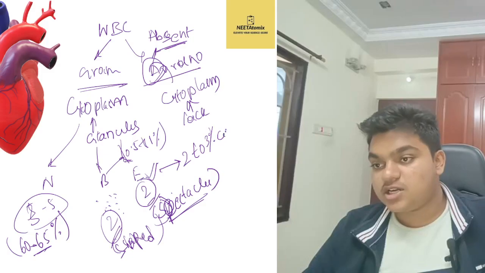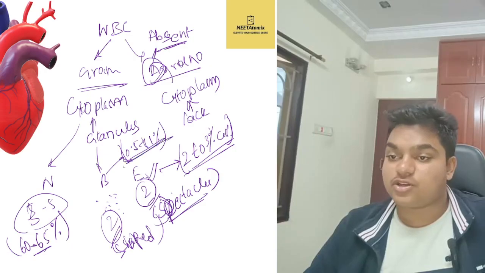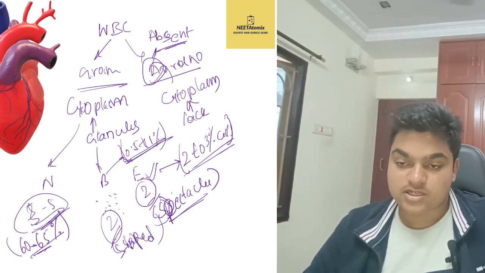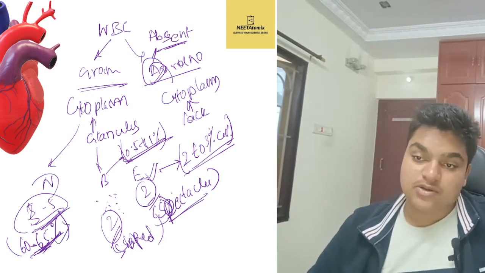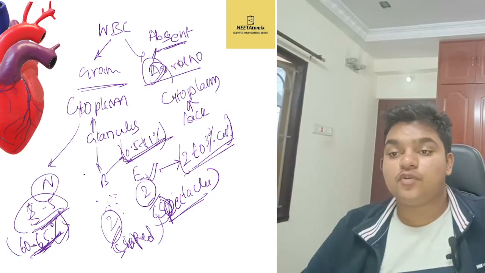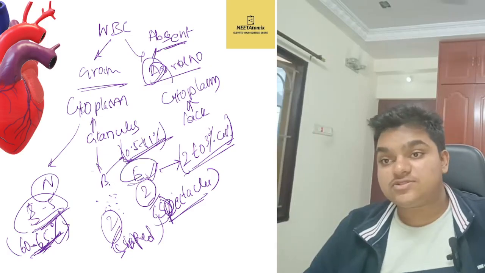This is the NCERT which is present in my tab. I just want to make everything clear. I don't want to tell wrong things. So 60 to 65% is neutrophils, 0.5 to 1% is basophils, and 2 to 3% is eosinophils.